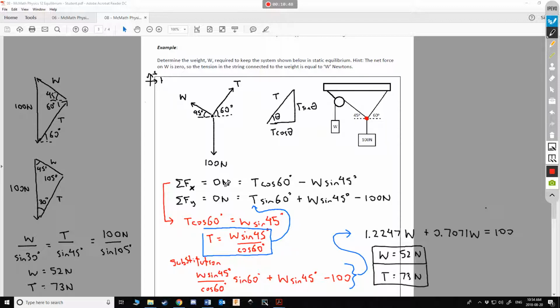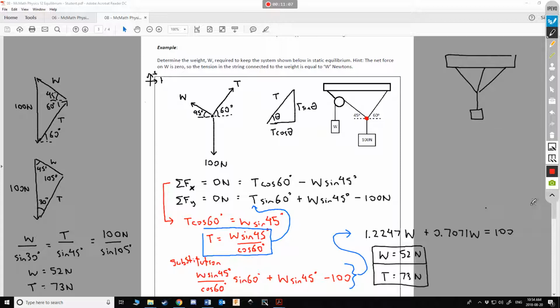One thing I did mention before is this only works if you have 3 vectors. What happens if you had a situation with, I don't know, 4 ropes? I'm not saying we will, but what if we had this situation? This one we cannot use the triangle method.